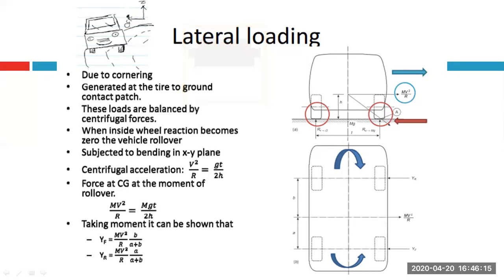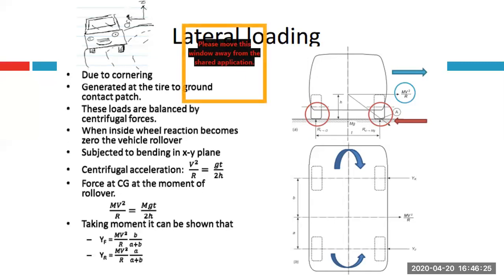It is one of the most important areas. All the forces that are generated, they are generated at this tire road contact patch or tire to ground contact patch. And that's the reason why tires play a very important role as far as a vehicle is concerned.